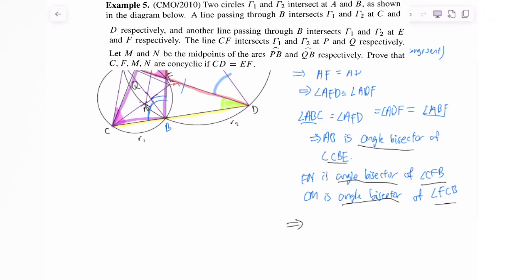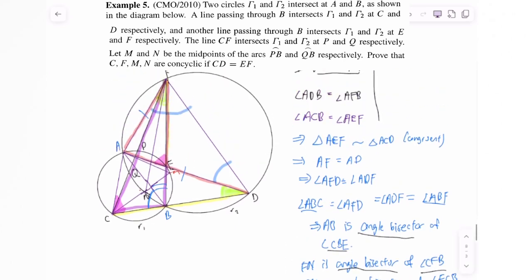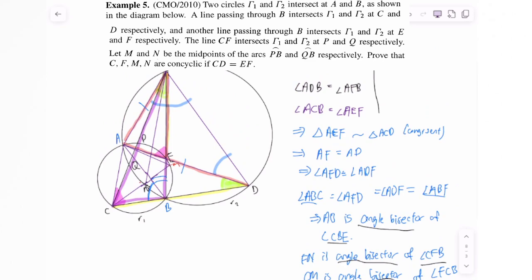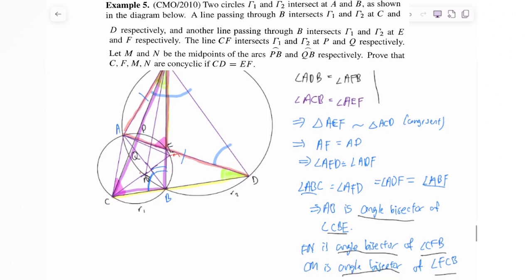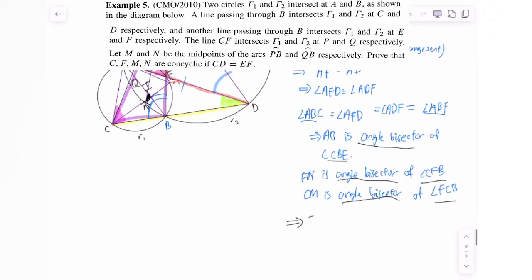So they should intersect at the in-center. Okay, so my diagram is not the best, but they basically intersect somewhere here. The in-center. Let's call this I. So they intersect at I.